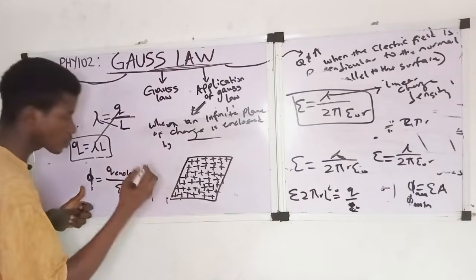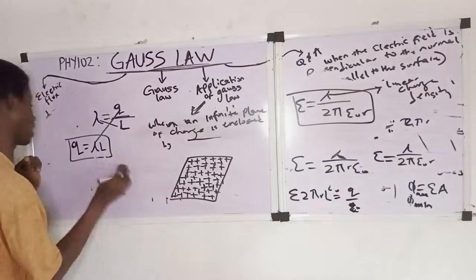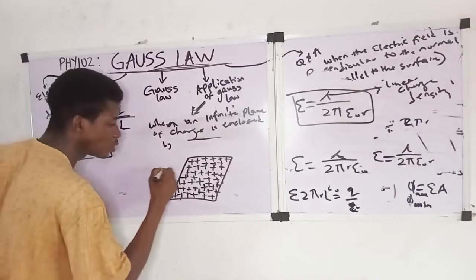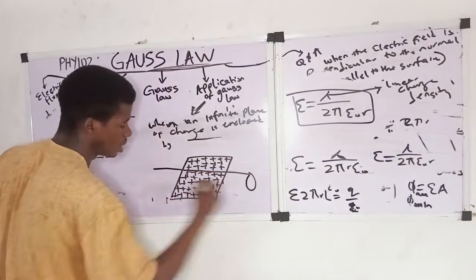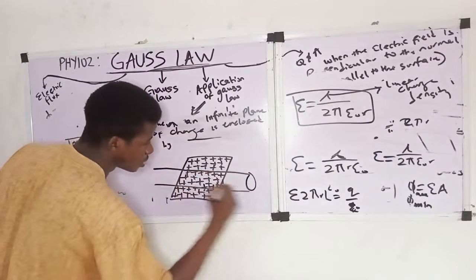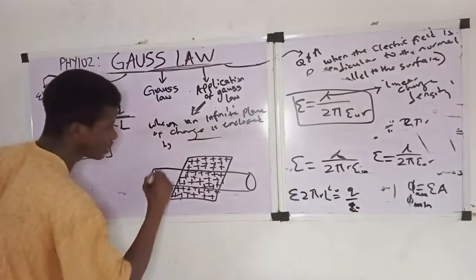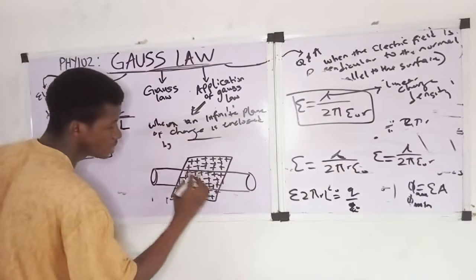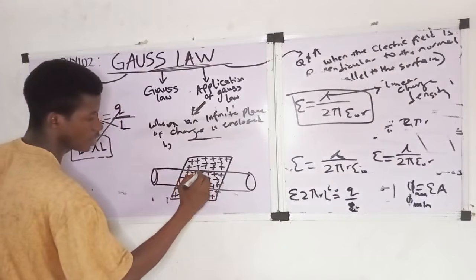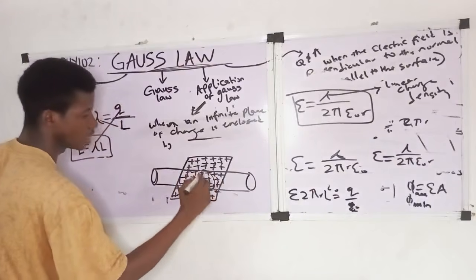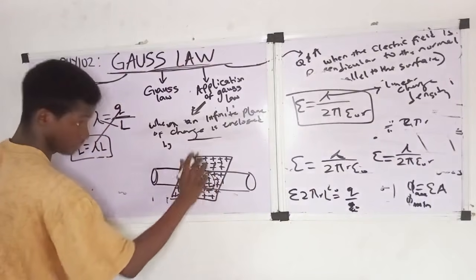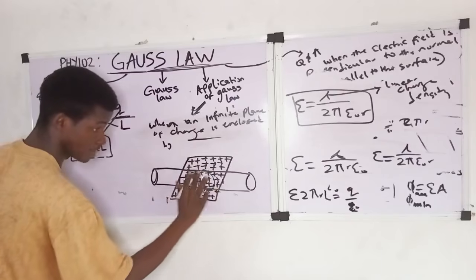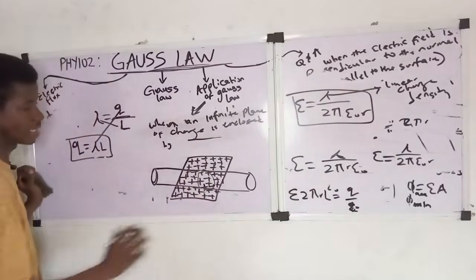We are going to use a cylinder as well. So let's say we use a cylinder. This is one end of the cylinder, this is the other end. This is the part of the charge enclosed by the cylinder, right?